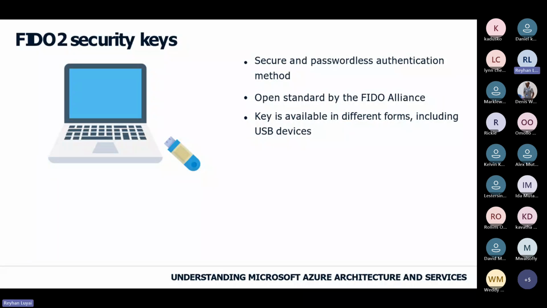The key is available in different forms, including USB devices. To authenticate yourself when connecting to your computer, you simply insert the FIDO2 USB device into the computer's USB port, and instead of entering a password, you're authenticated. That's very nice technology.